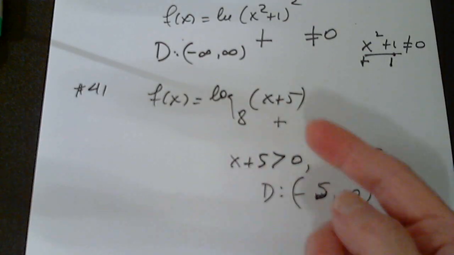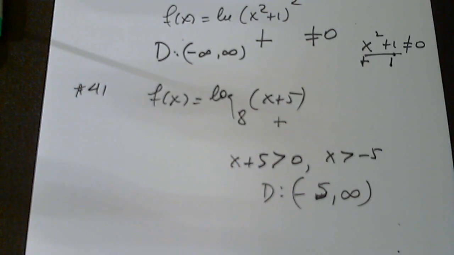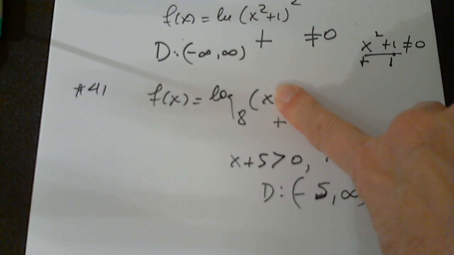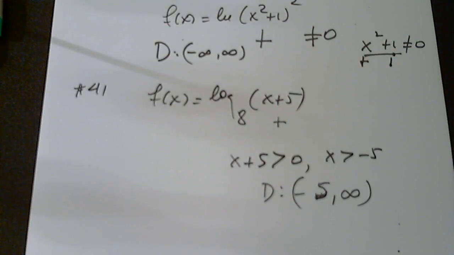The x plus 5 shifts the graph 5 units to the left. So that's why the domain is negative 5 to infinity. Without the 5, the domain would have been 0 to infinity. Good.